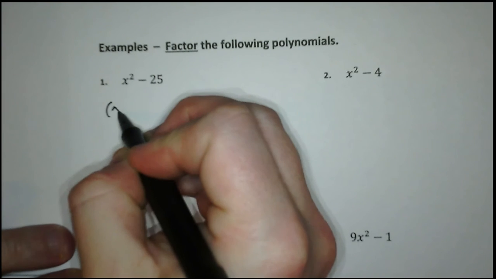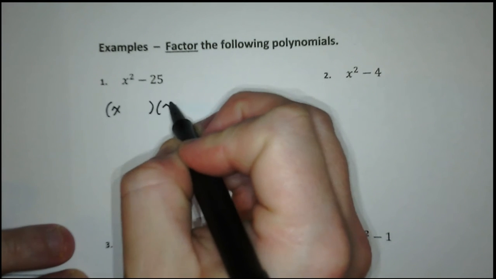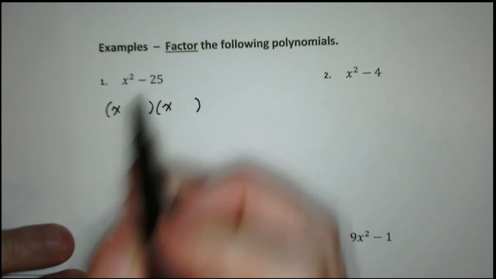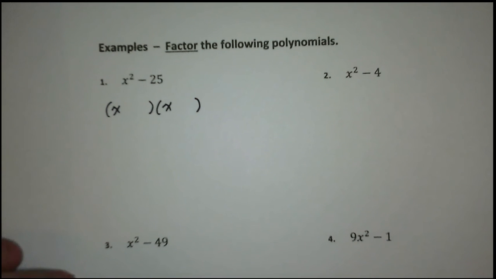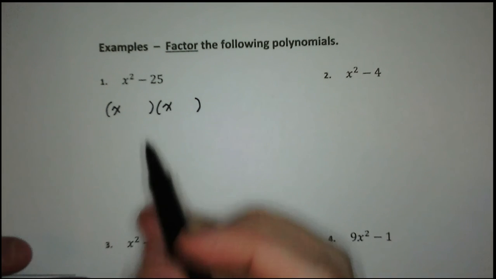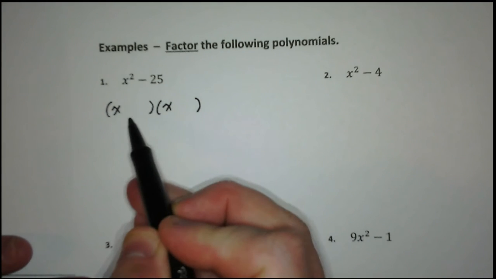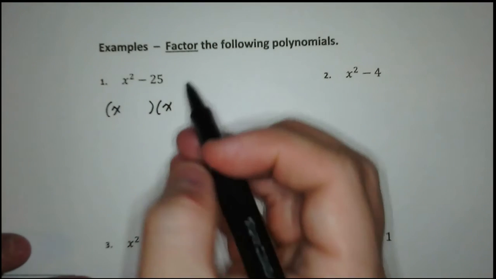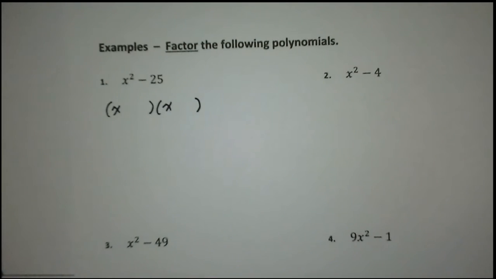So you got to remember that as long as this is a difference of two perfect squares, it can unfoil into a bubble times a bubble. There's at least two major ways to come at this.